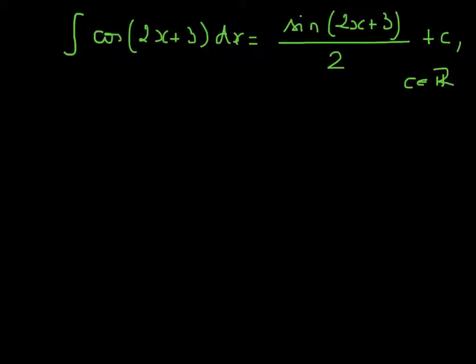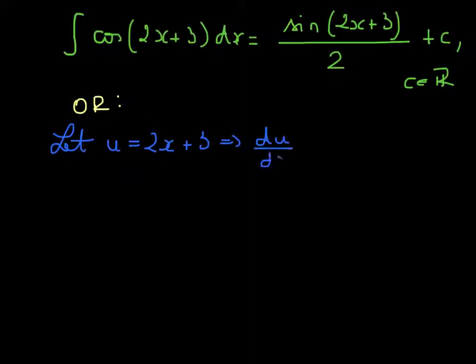So we can treat it in this way, or we can think of it as, I know that integral cos x is sine x, but here I don't have x, I have a composite function, so I'm going to say let u be 2x plus 3. Therefore, du by dx is 2. So du is 2 dx.